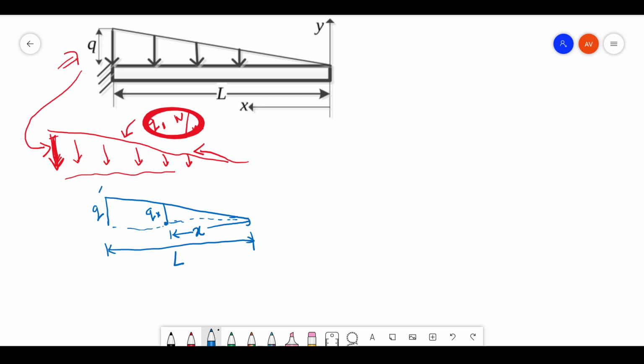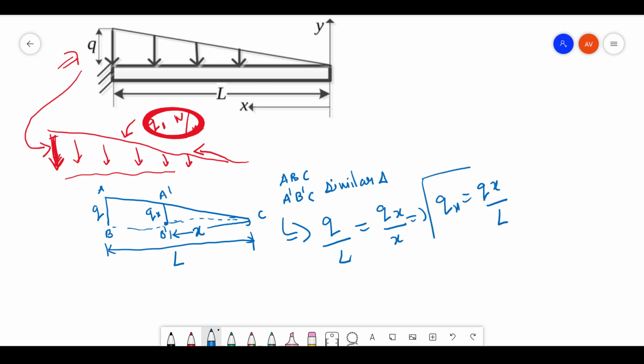Let's mark it A, B, A dash, B dash, C. Your ABC and A dash, B dash, C are similar triangles. So what you can write is Q by L is equal to Qx by x. So your function is this actually.